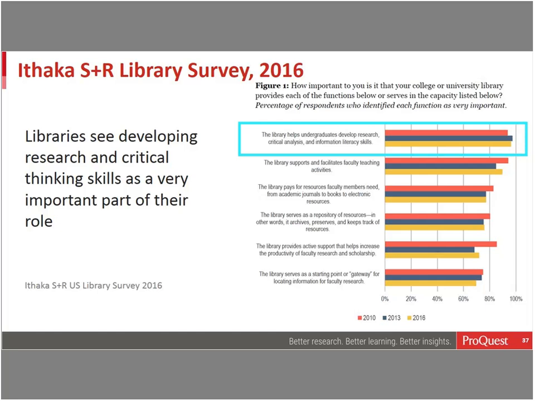But what I wanted to call out on this particular slide is, looking at 2010, 13, and 16, in 2010 there was pretty much a tie between the top two things librarians thought were important in terms of their role: developing these critical thinking skills, and engaging with faculty in terms of their teaching activities.